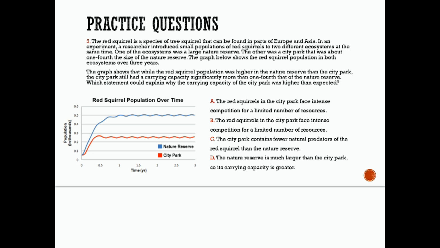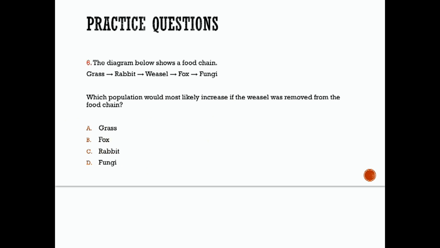One explanation for the increased carrying capacity of the city park could be that it contains fewer natural predators of the red squirrel than the nature reserve. Okay, it's a park. So, decreased predation would allow more squirrels to live and reproduce in the park than otherwise could. So, if you look through your answer choices, that would be C.